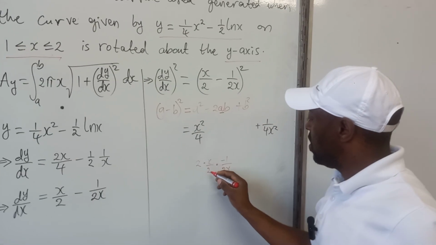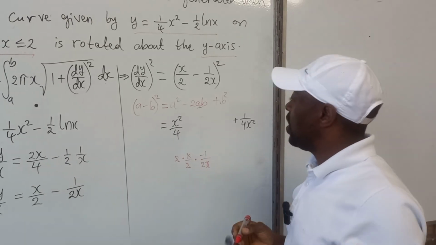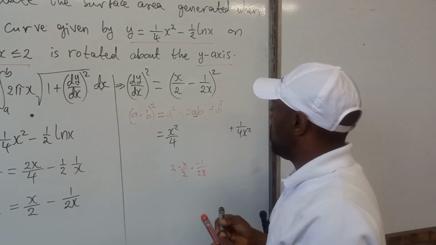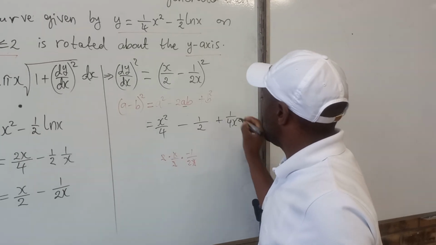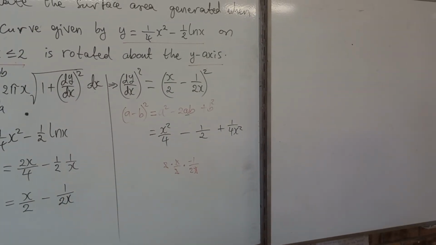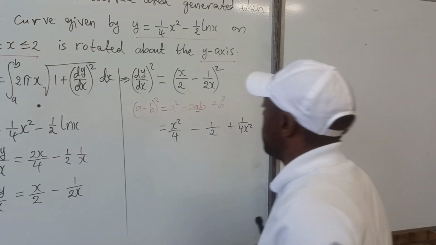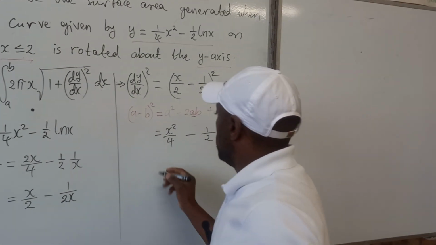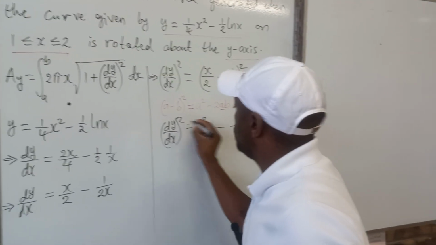If you multiply this, you see that this 2 will take care of this x will take care of that. You're only left with negative 1/2. So it means our expansion there gives us negative 1/2, then plus. So that is what I expect to see from our simplification. So if we get that, then this is telling us that we've managed to do the squaring.